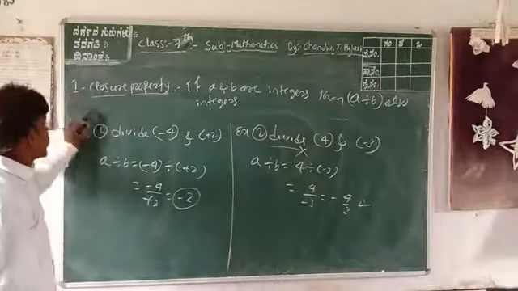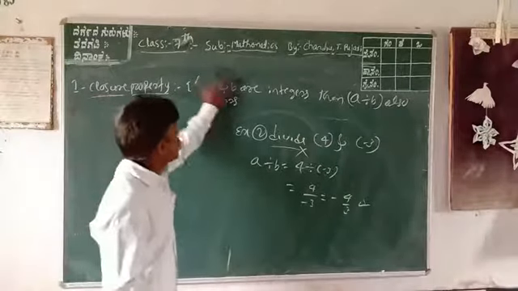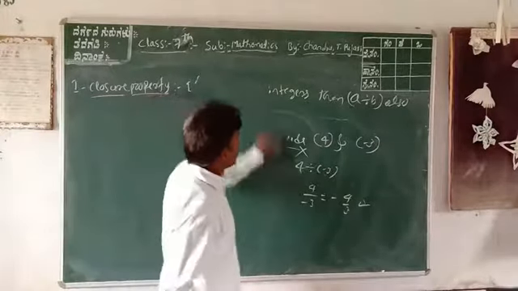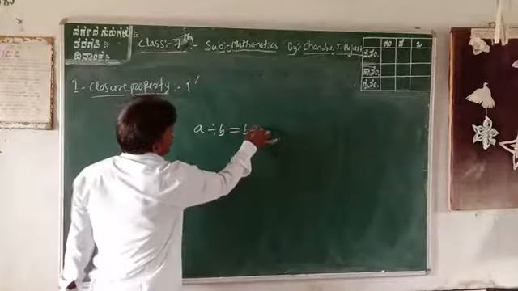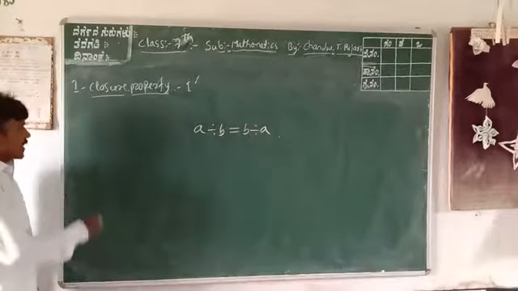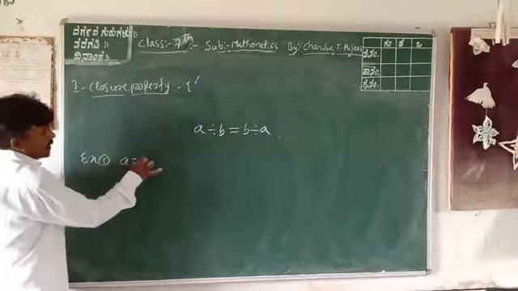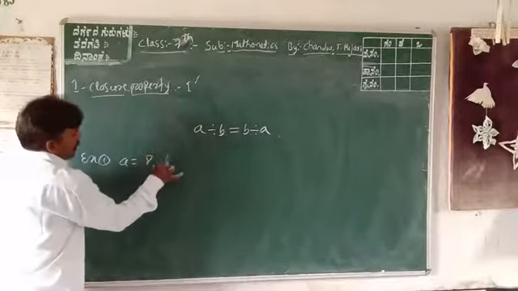But your next one is what? Commutative property. Check yourself once again. Commutative property under division is also not true in your integers. For example, commutative property is what? a divided by b is equal to b divided by a. You can check. You can take any number. Example number 1. A value is 8 and B value is 2.